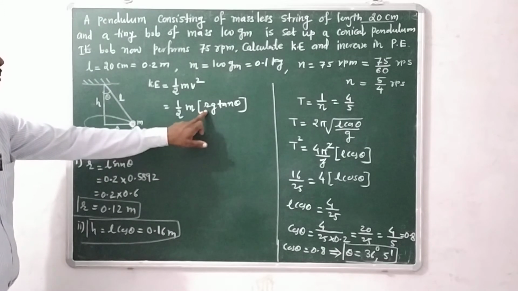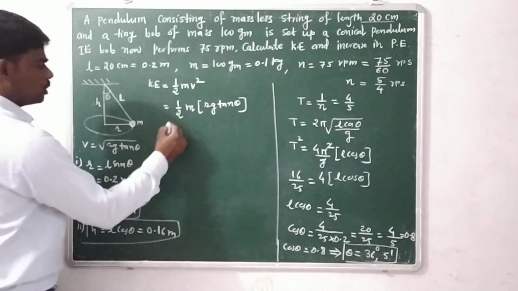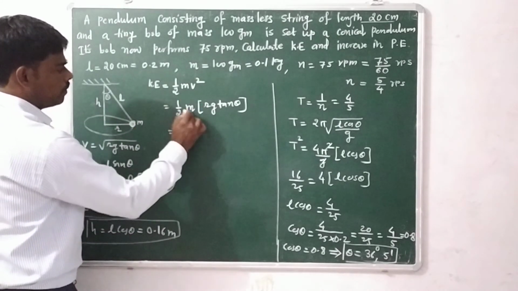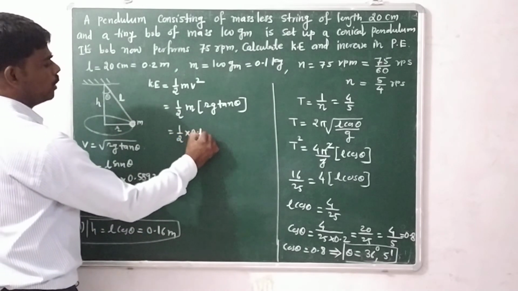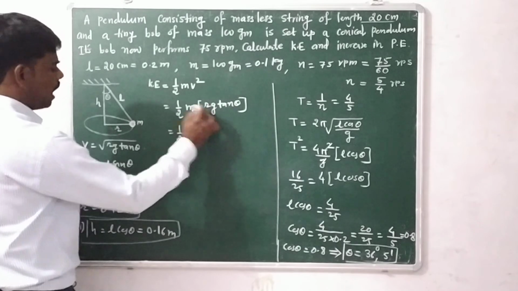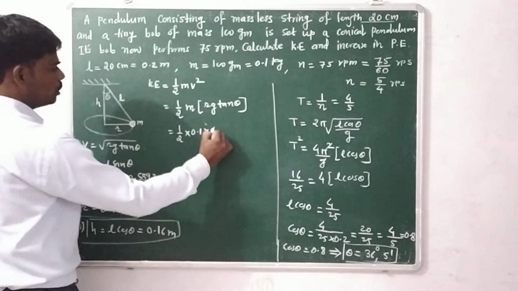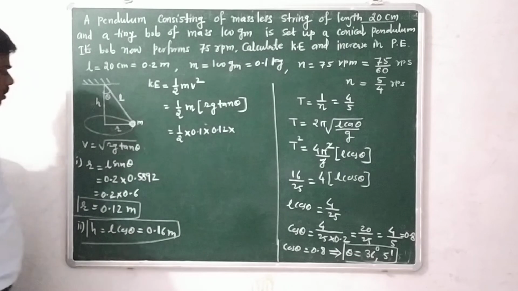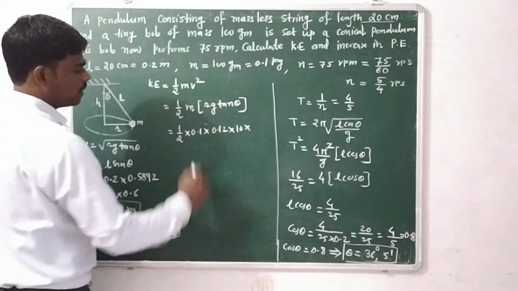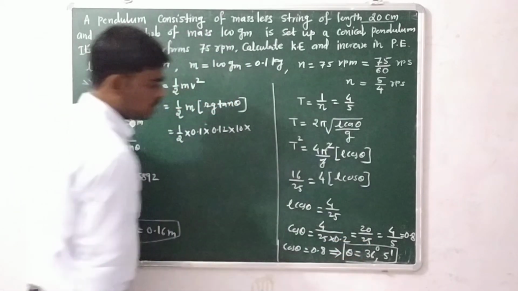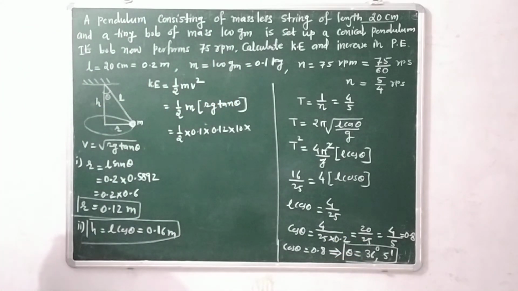Then substitute here: 1 by 2, mass 0.1, then R 0.12, g 10, tan theta means tan of 36 degree 5 minute, and this value is near about 0.73.